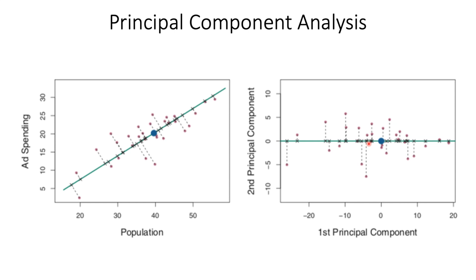This is another example with population on the horizontal axis and ad spending on the vertical axis. You can find where there's most variation along the data and redefine that to be a first and second principal component, as is shown here on the right hand side.